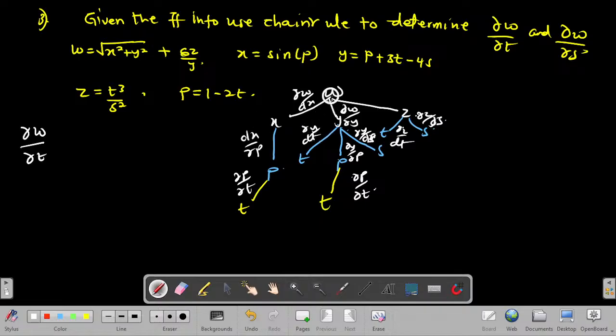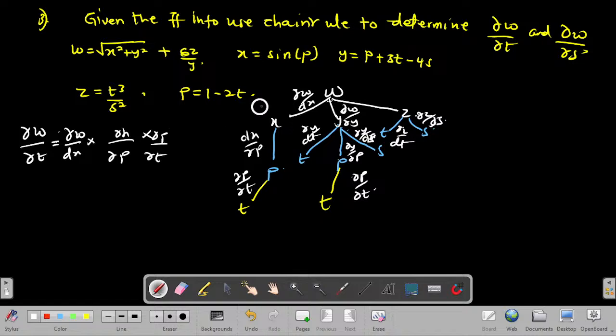So let's do it. The first thing is to move to t. So this t, where do I come from? I start from w. From w to here, we have the partial of w over x, times the partial of x over p, times the partial of p over t.